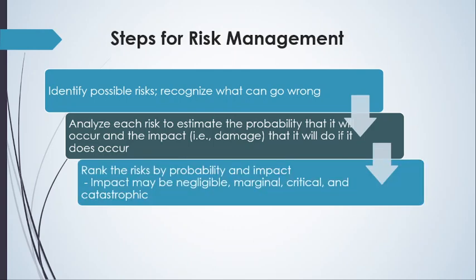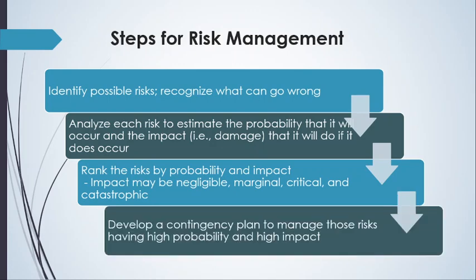Then rank the risks by probability and impact. Finally, we have to develop a contingency plan to manage those risks. So the first thing is to identify the risk, then understand it and estimate the probability and impact.